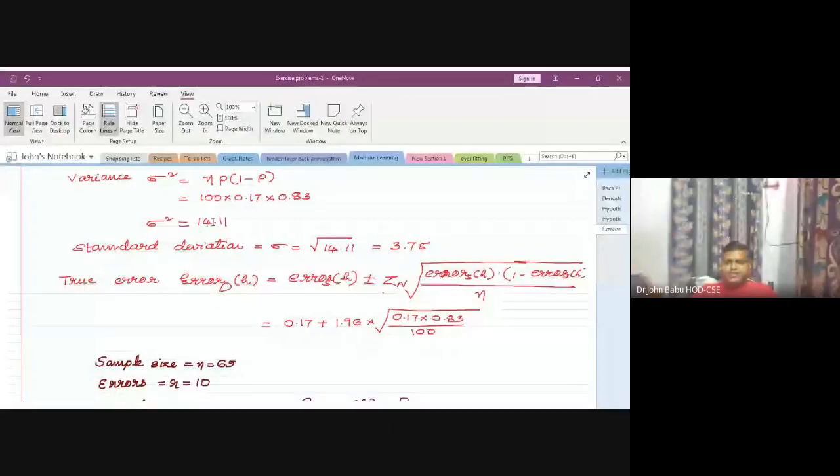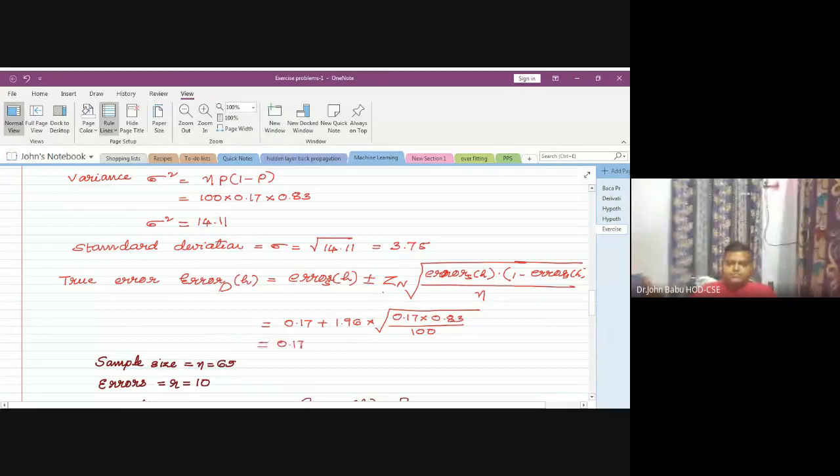Divided by 100 will give you 0.001411. Square root is 0.0375, into 1.96 is 0.073 or 0.074. So 0.17 plus or minus 0.074.